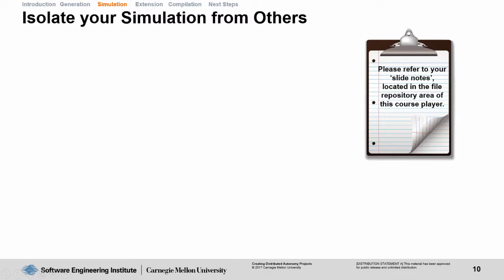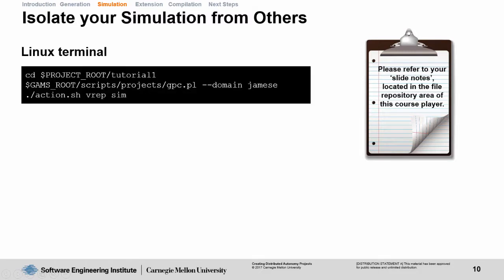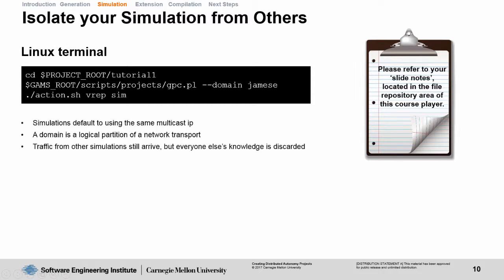The next thing people often like to do is to isolate their simulation from others. There are 2 different ways to do that. The first way we'll cover is using a domain. A domain is essentially a partition of the network that is yours. So in this case, I'm setting a domain of James E so that anytime I want to run agents, only the James E ones will talk together. Simulations by default use the same multicast IP address.